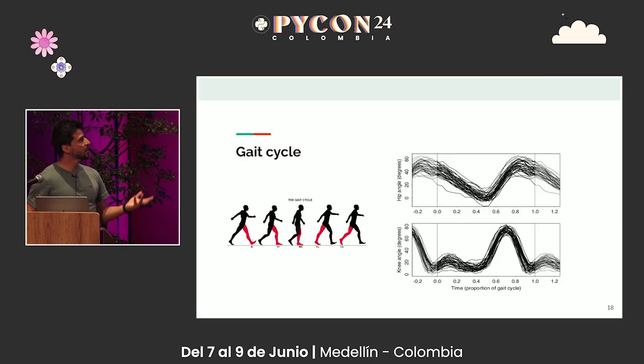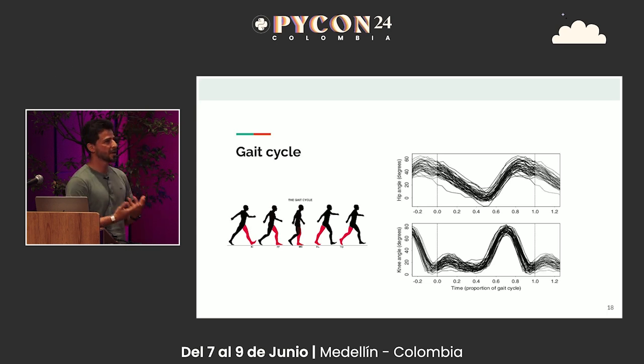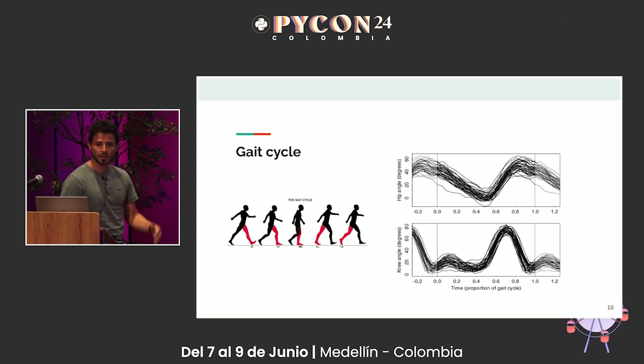So, we need a real data set to test my library or to start implementing my library. So this is the case, the classic data set that you are going to find in any book of functional data analysis, and it is the gait cycle. It's just a measure of how people walk.